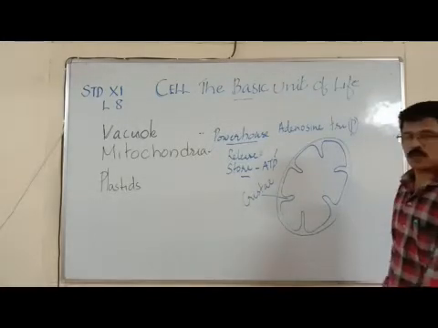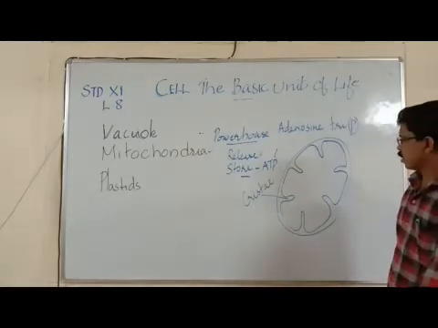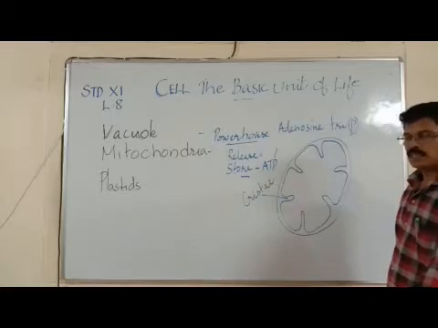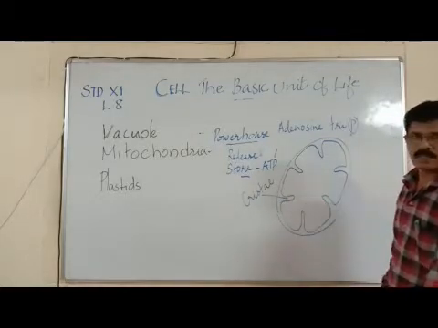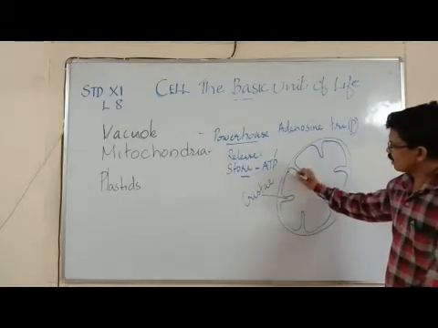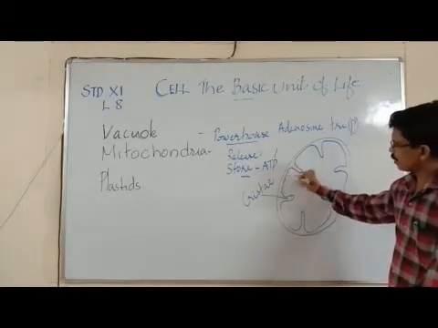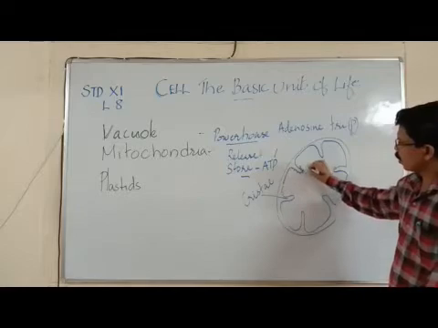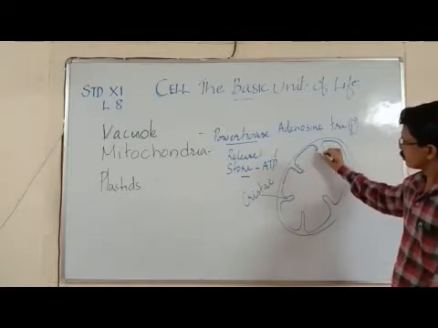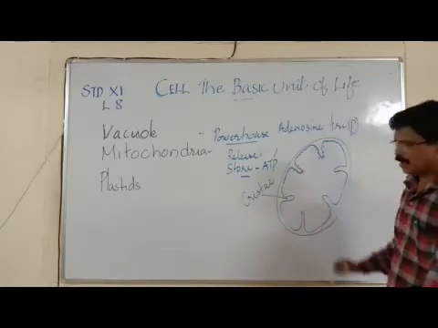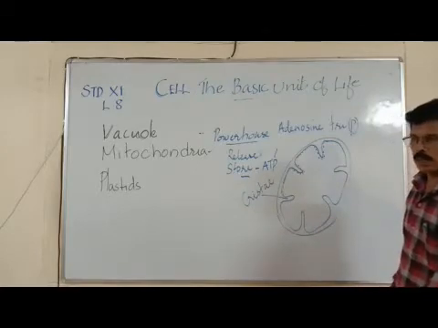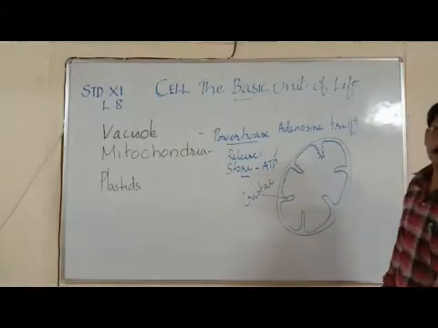Why is there a need of increasing the surface area? Cristae increase the surface area because the inner membranes are the sites of oxidation of food particles, oxidation of various nutrients. So oxidation results in the breakdown of nutrients aerobically.